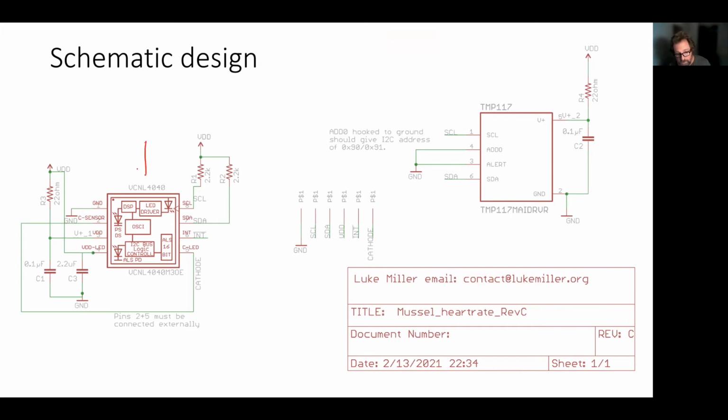So in this case on the left, this is a representation of one of those infrared heart rate sensors. On the right, the very simple representation of a temperature sensor. And then the little green wires here I use to draw the electrical connections that are necessary to power these chips and also talk to the microcontroller.